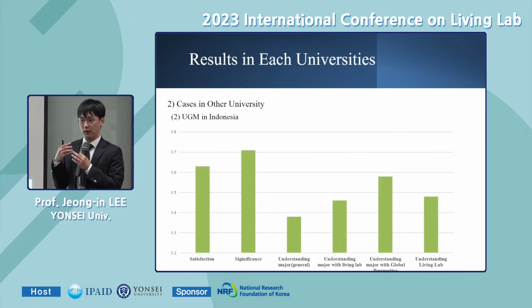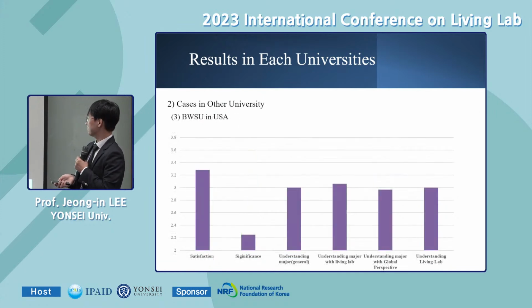In the case of UGM, significance got the highest score, followed by satisfaction and understanding major with global perspective. And at BWSU, satisfaction is the highest, but as you see, significance is very low.